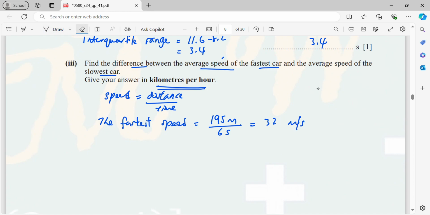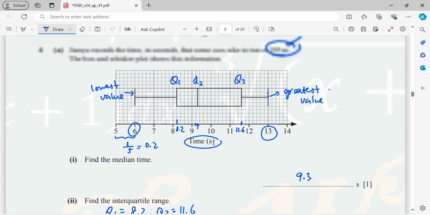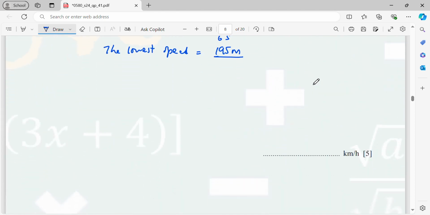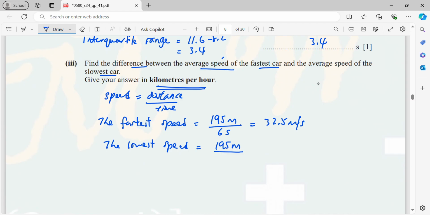Now later I will do the conversion of the units. So now the lowest speed, that will be 195 meters over the greatest time, that is 13 seconds. So over 13 seconds, that will be 15 meters per second.